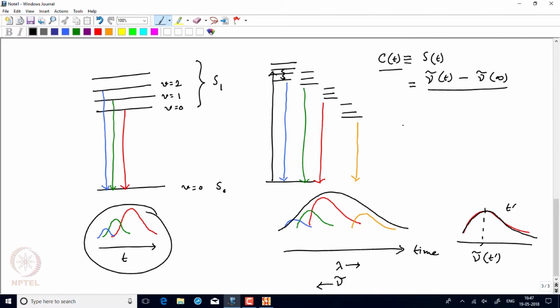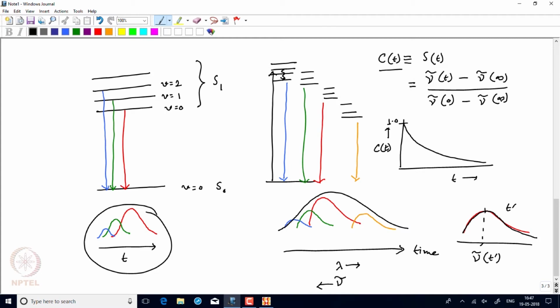Usually if we plot the solvation correlation function with respect to time, you will see a multi-exponential decay, and to normalize it, making time zero equal to one, you have to divide by the corresponding time zero definition. So it will be divided by nu of 0 minus nu of infinity.